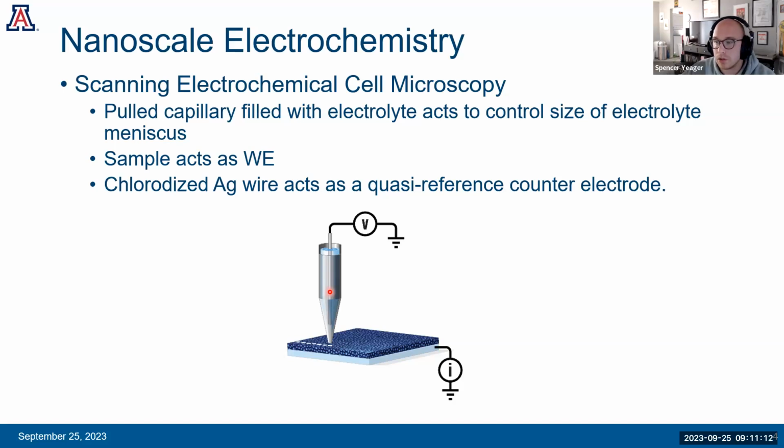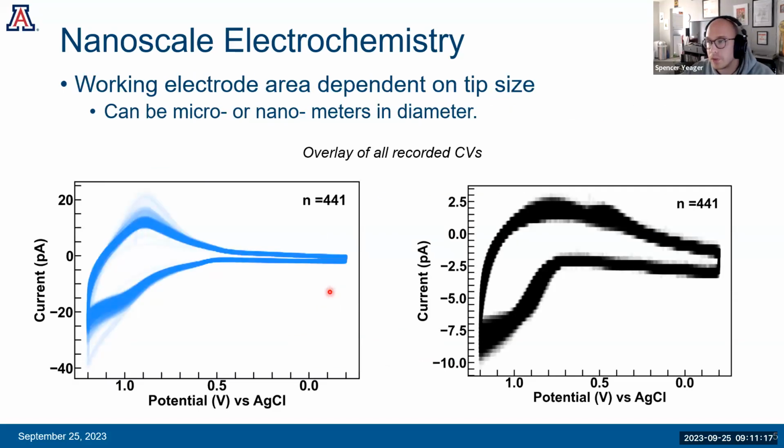I did this on both the P3HT and PB-triple-T. These are the responses that you get when you overlay all of the recorded CVs. There are 441 CVs recorded in each of these measurements. When all of them are overlaid, in P3HT, when we're not in the areas where we saw redox behavior, the CVs overlay very nicely.